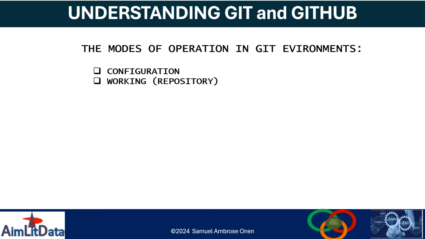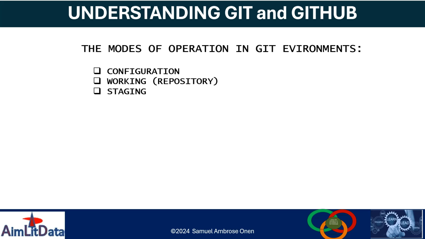So we need to create that environment. The environment in which Git operates is called a repository, and that is the working environment that we're going to create after configuration. And that environment comes automatically once Git is configured and initialized in a given folder.